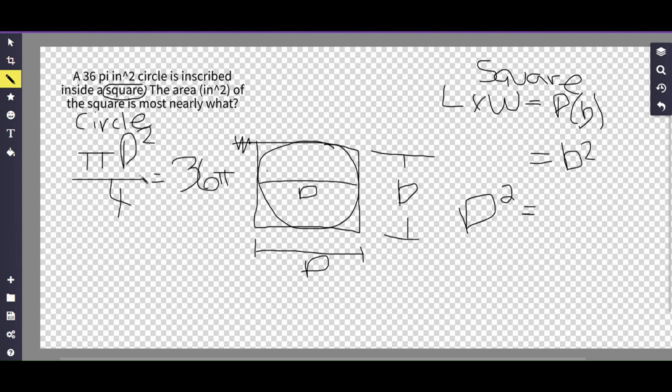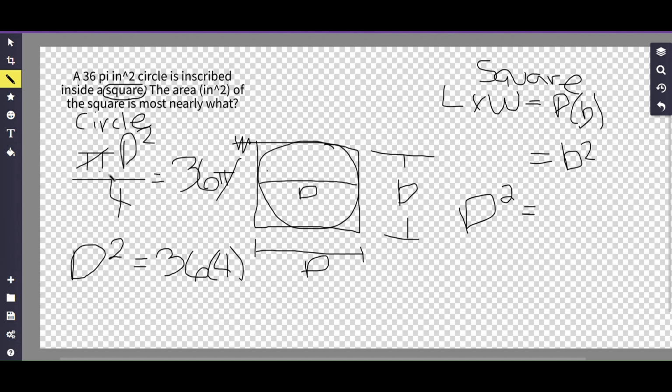So now that we have circle and square and we've identified those, if we isolate your d squared, we now get 36 over 4. How do we get that?